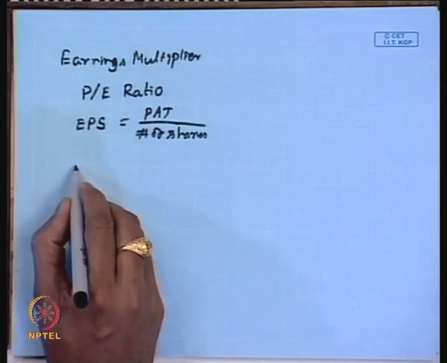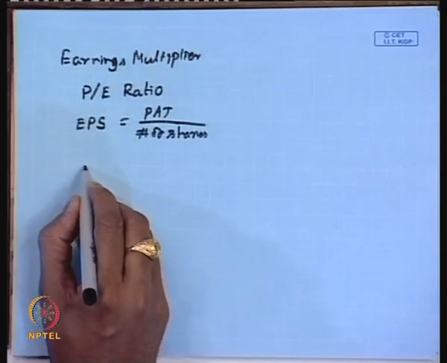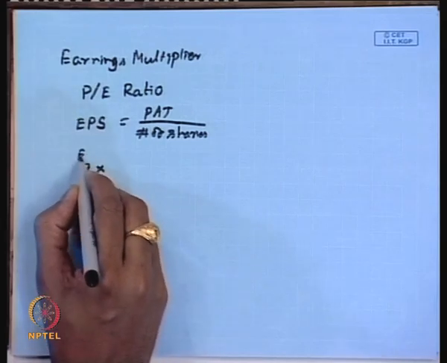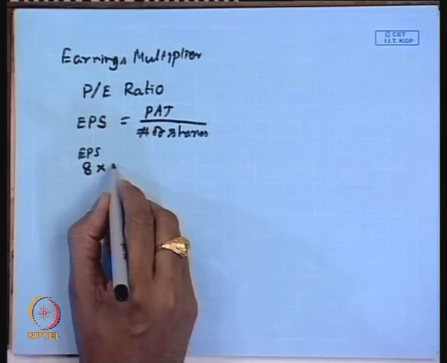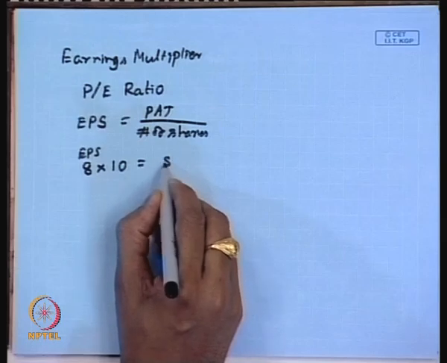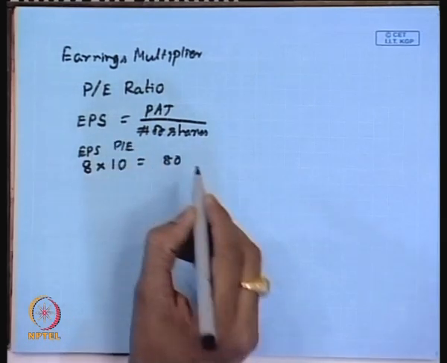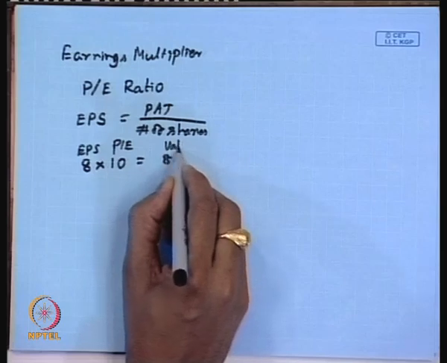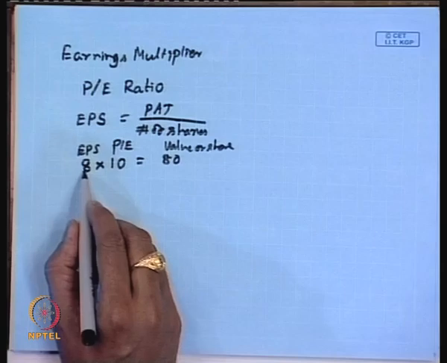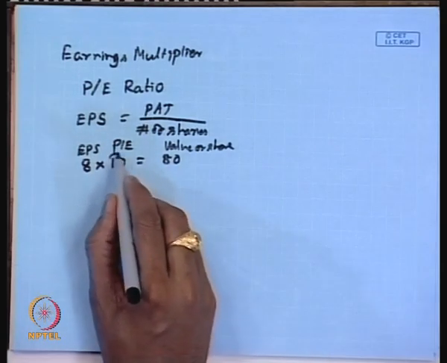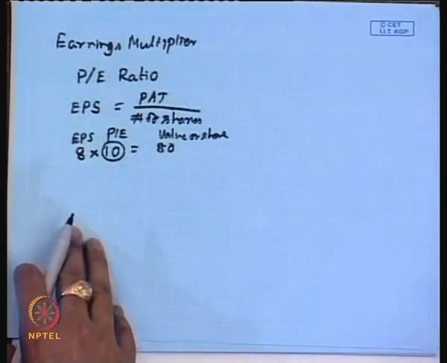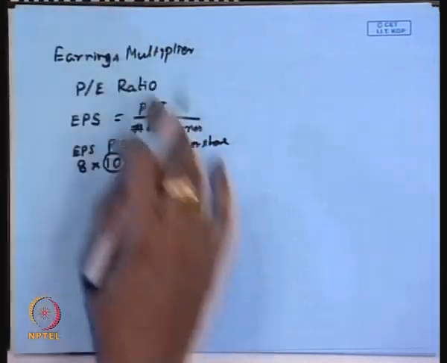If the P/E ratio is also estimated, say earnings per share is expected to be 8 and the P/E ratio is, let us say, a benchmark of 10, then the value of the share is expected to be 80 rupees. So, this value of share is nothing but the product of earnings per share and the price earnings ratio. That means the investor is expecting that the valuation should be 10 times the EPS.